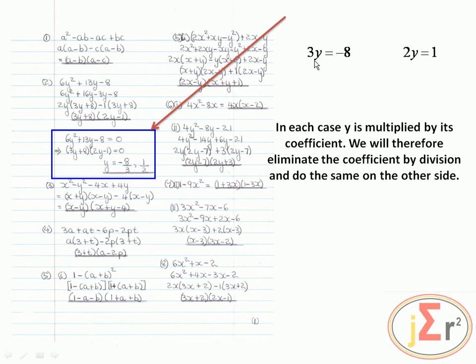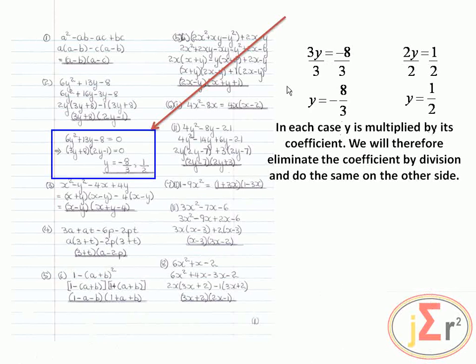So eliminate 3 that is being multiplied by y, or we say that y is being multiplied by 3 and we need to eliminate 3, so we will do that by division. Cannot do that on one side only, we do that dividing by 3 on both sides. Here we need to eliminate 2, and we will do that by dividing by 2 on both sides.